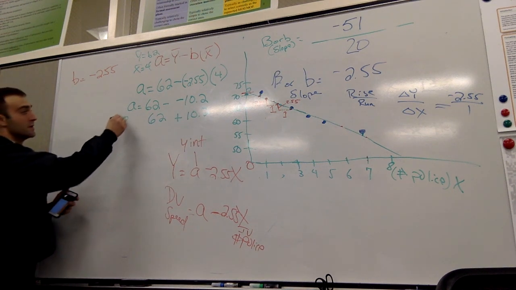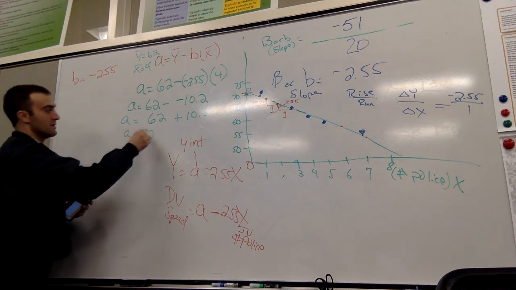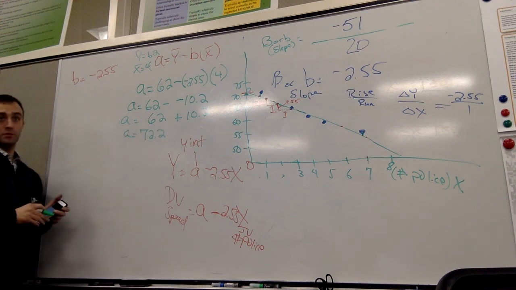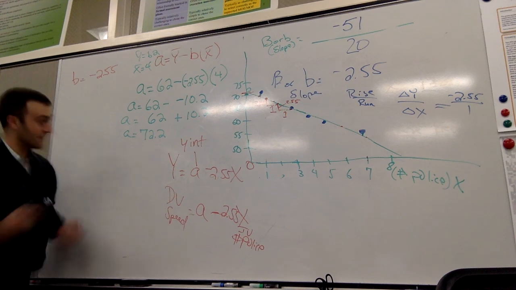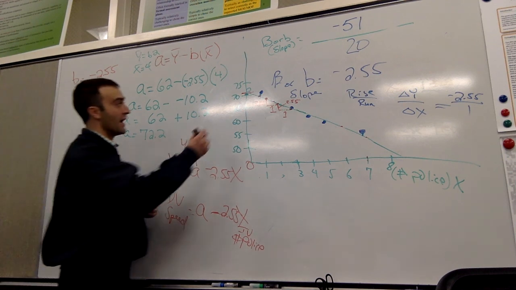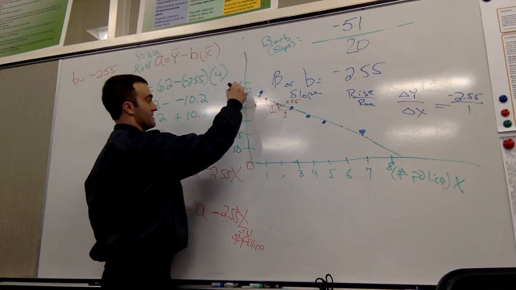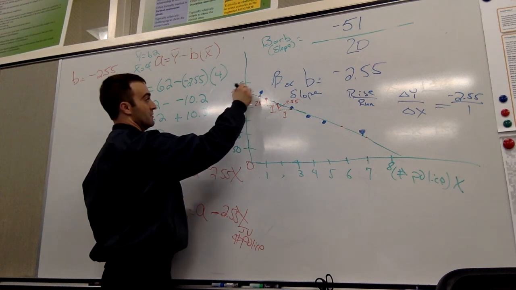Minus negative. So your alpha ends up being 72.2, or your y-intercept. So even though it's probably not drawn to scale, this line hits the y-axis at 72.2.